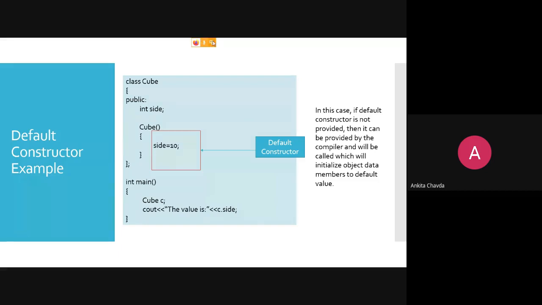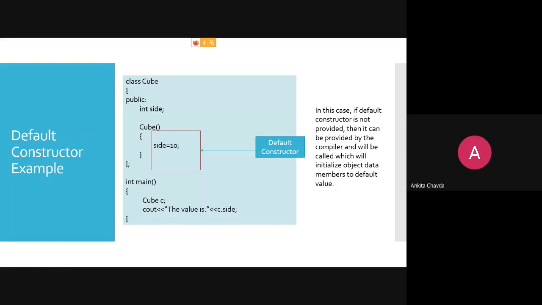So here the side will get 4 bytes because this is an integer, right? Now after writing this statement, two things are happening. One is you are creating the object, which means your variables are getting the physical space, and at the same time your default constructor will be called, invoked automatically. So you have provided the default constructor over here, so side equals 10. So this is the thing, right?